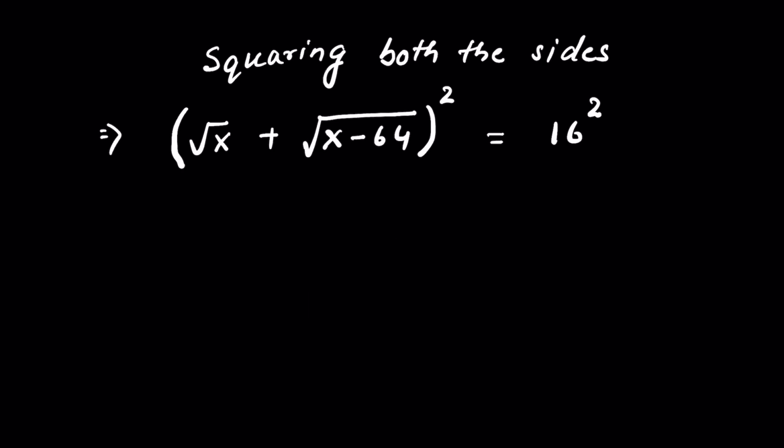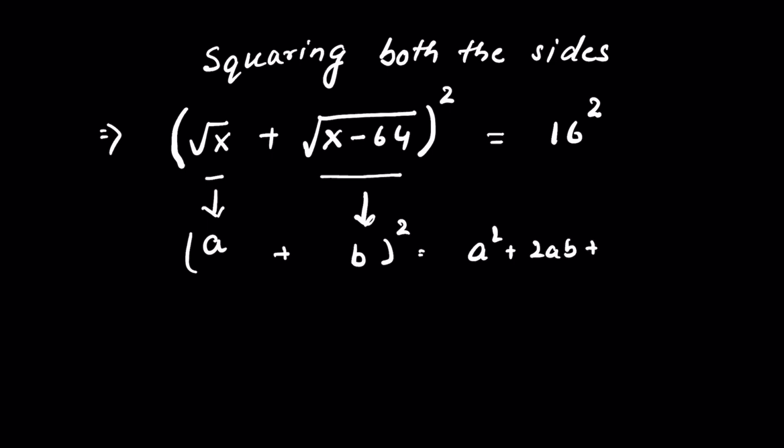Now this is in the form of a plus b whole square. If we consider square root of x as a and square root of x minus 64 as b, then a plus b whole square is equal to a square plus 2ab plus b square.